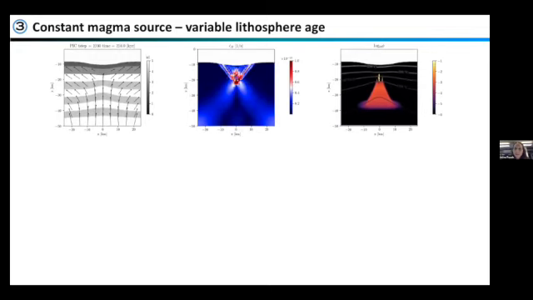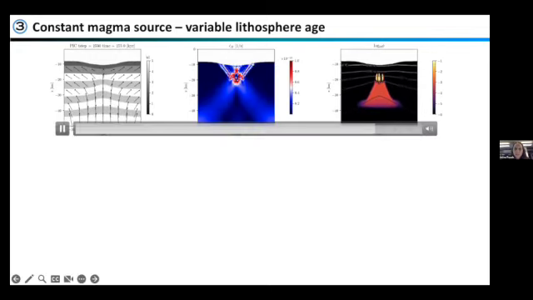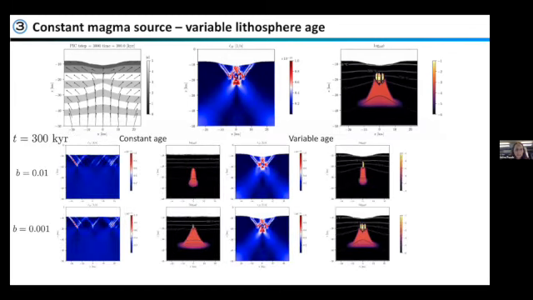Essentially, it looks the same, but there is more localization in the shear faulting closer to the ridge axis. And what we notice is that if we have magma ascent beneath a lithosphere of constant age versus variable age, magma ascent is faster, but that's because the deformation is more focused in the second case.